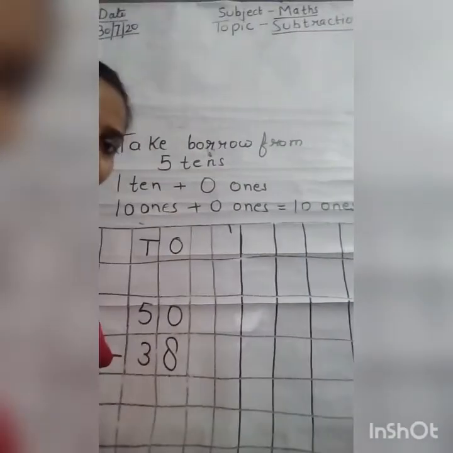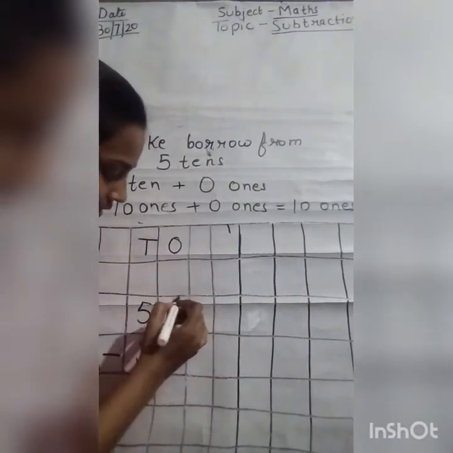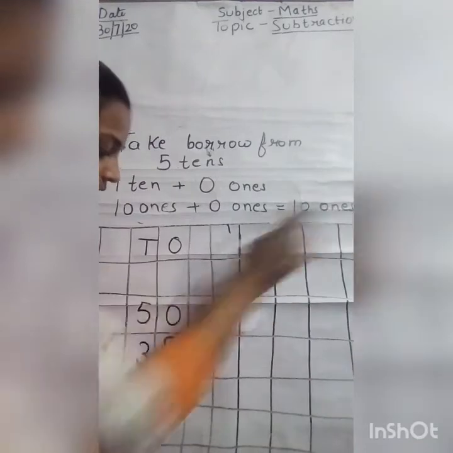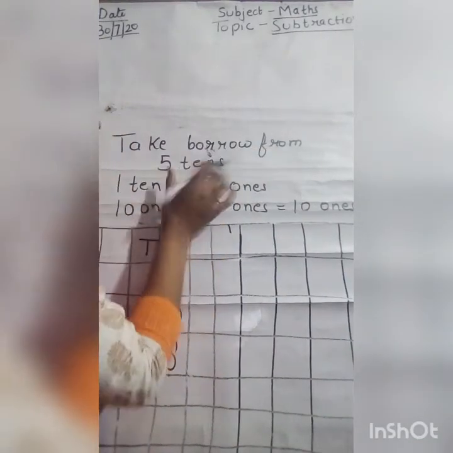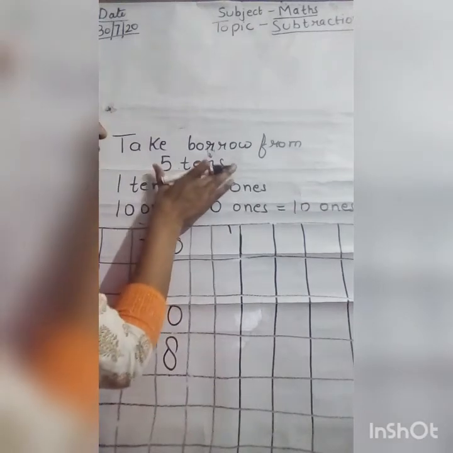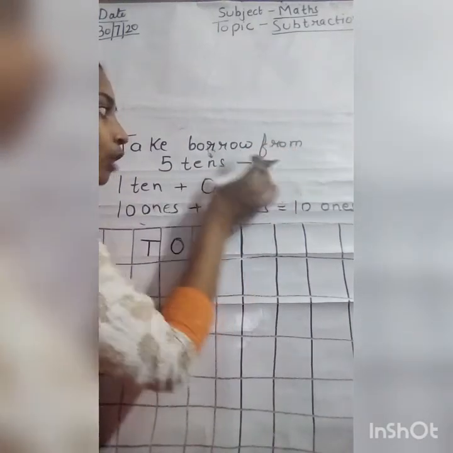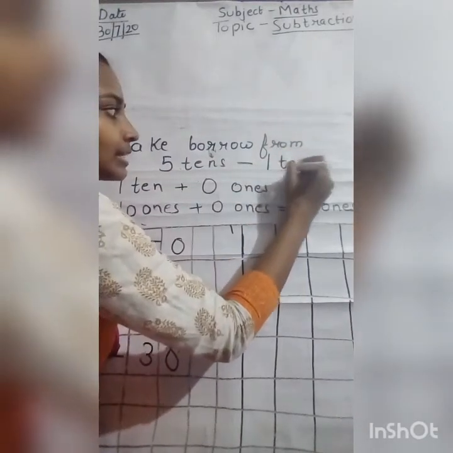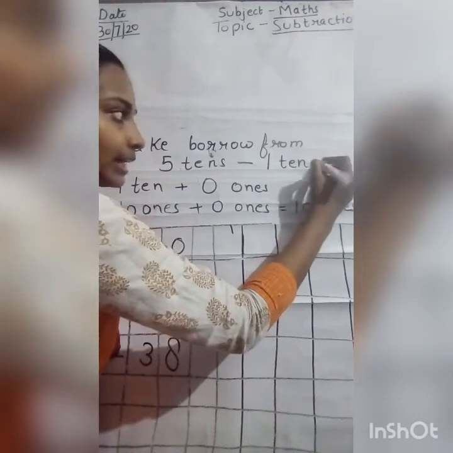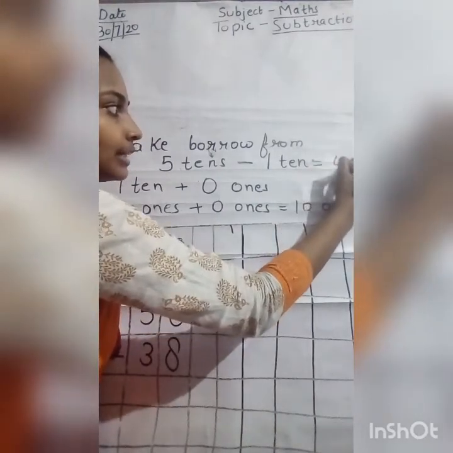So in this, we get 10 ones. Here, if we borrow from 5 tens, only 1 ten we borrow from 5. So from 5 tens we subtract 1 ten, then we get 4 tens.